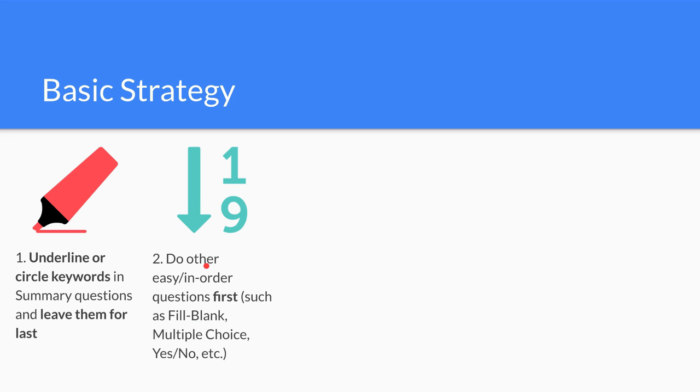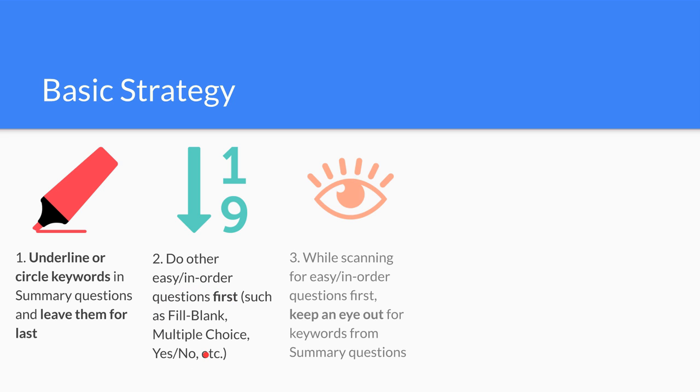Go on and do the easy questions that are in order. Do those ones first. Questions like fill in the blank, multiple choice, yes, no, etc. Do the easy questions first. Then, when you're answering these easy questions and you're scanning for the keywords from these easy questions, you need to keep an eye out for keywords from the summary questions.